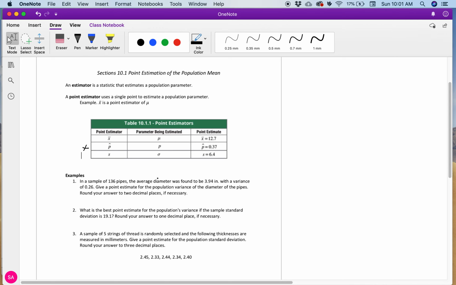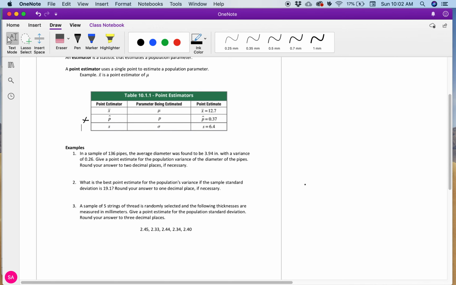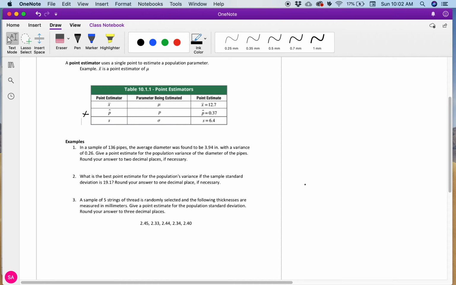There are a few questions in the homework, and I do want to go over these real quick, just to make sure everyone has a clear idea of what you're expected to do. So if you read number 1, in a sample of 136 pipes, the average diameter was found to be 3.94 inches with a variance of 0.26.